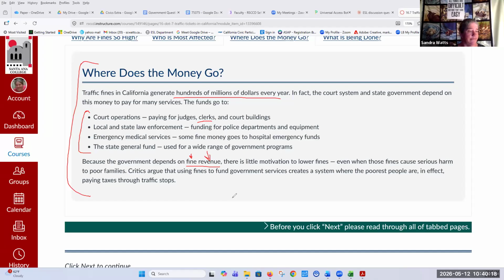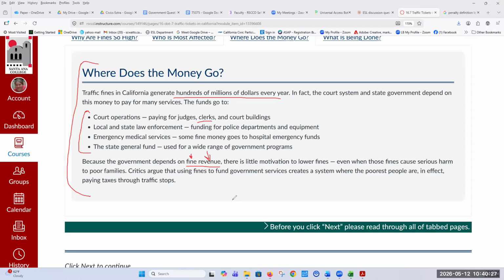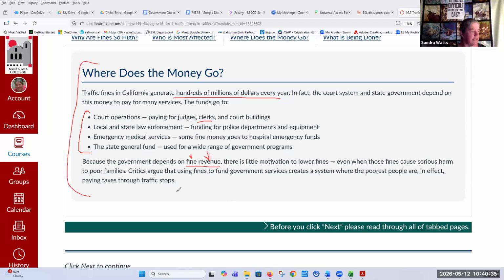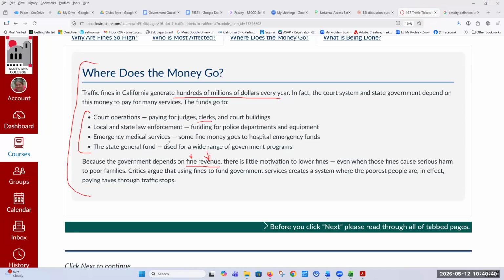Anything else? No, we all good? Are you sure? Court operations. Operations is... hold on, let me find it in the sentence. Court operations.